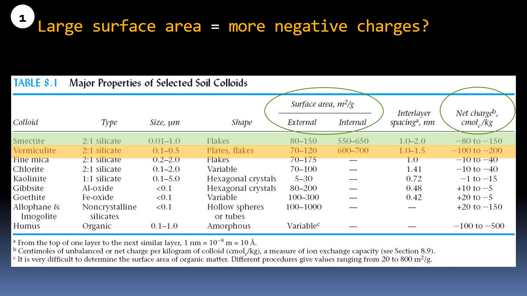Now let's look at its total negative charges. Its total net negative charge is also much higher than smectite.